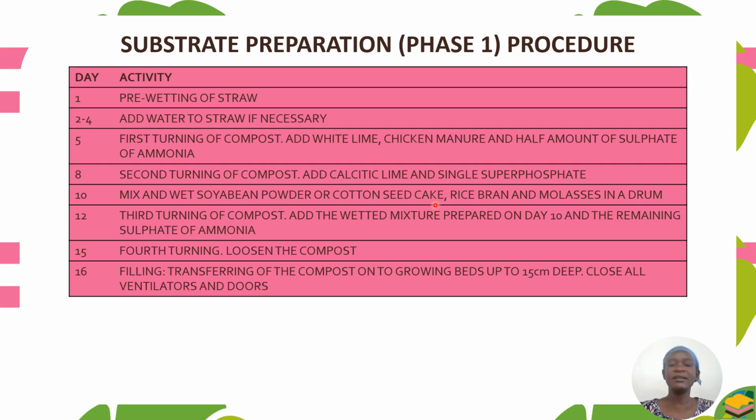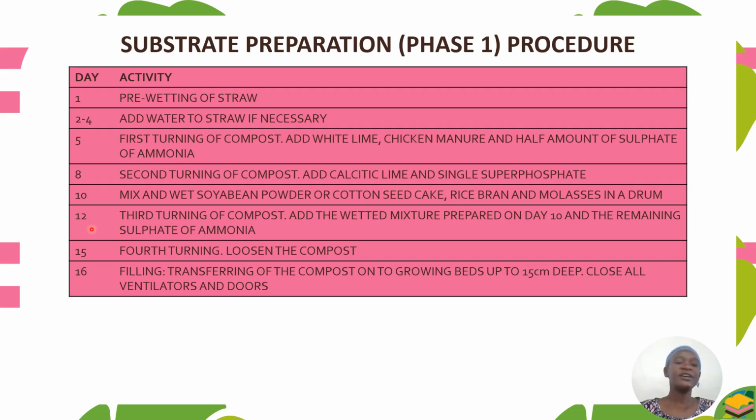Then you add them to rice bran and molasses. You put the three in a drum, separate. You do not add this to the mixture which you have composed up to day 8. So this is a different mixture.